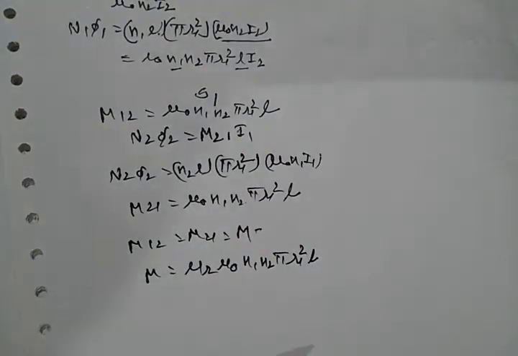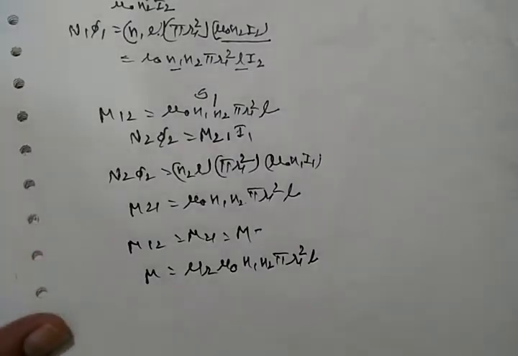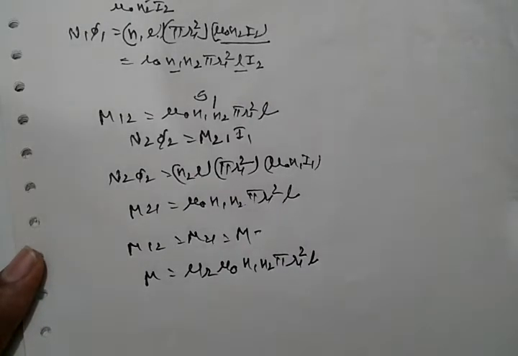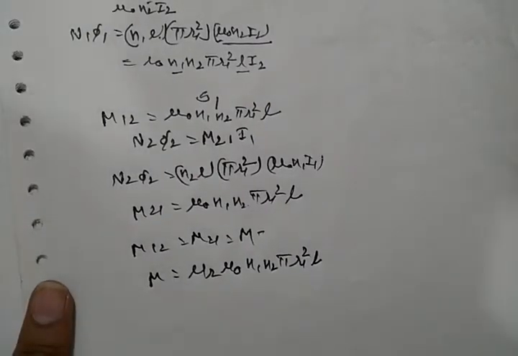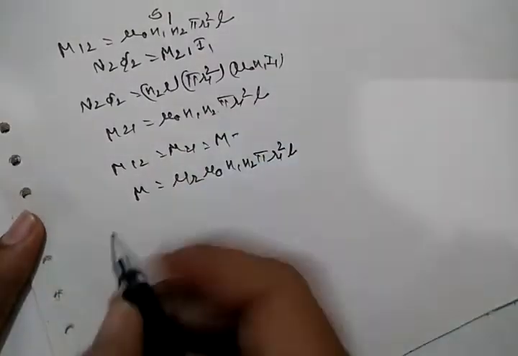Now in the next point, in experiment 6.3 in section 6.2, an EMF is induced in coil C1 on any change in current through coil C2.